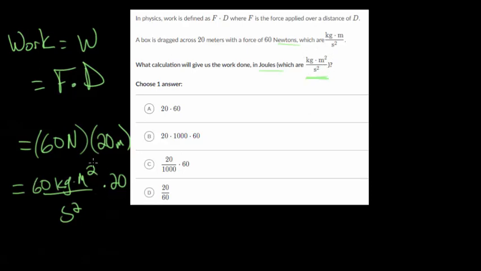We're just doing 60 times 20 since these are already given in the proper SI units. A newton is the standard unit, and a meter is the standard unit. So we don't have to convert these at all, because all of those units are correctly used in the answer. So we just multiply 20 times 60 to find that total work, and that's choice letter A here.